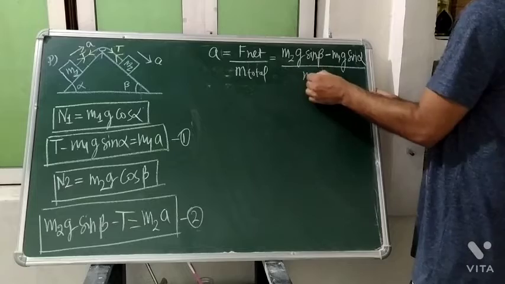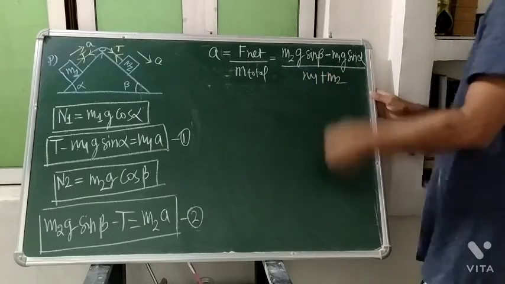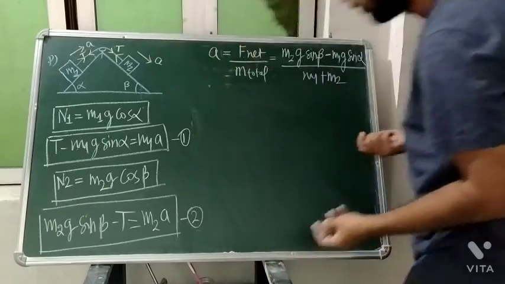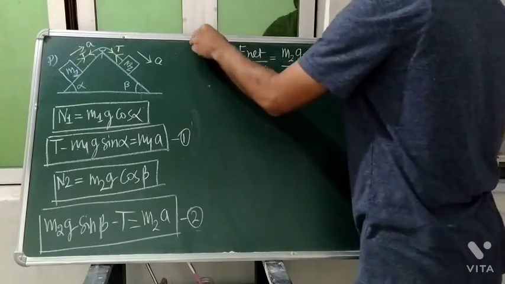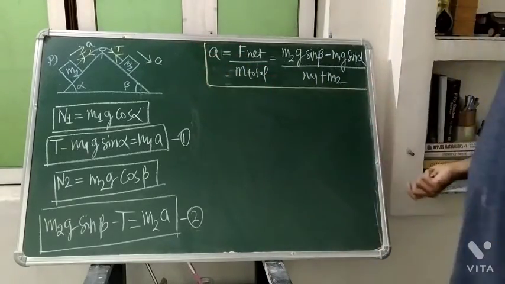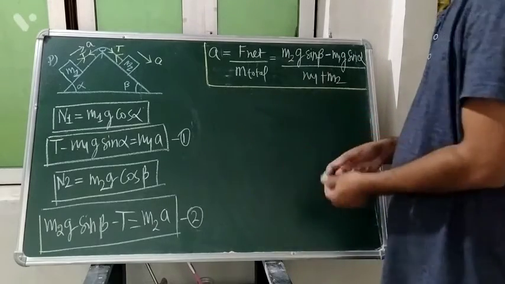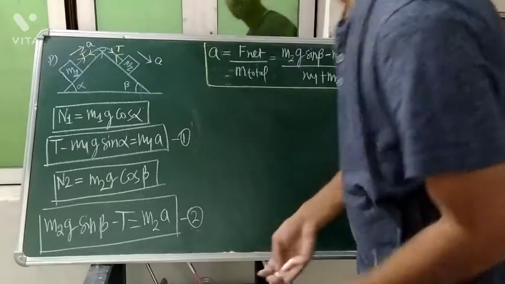Total mass is M1 plus M2. So you will get this acceleration, the same acceleration. G you can take as common as well. It is the first time I am telling you how to write directly. You will become habituated to it.